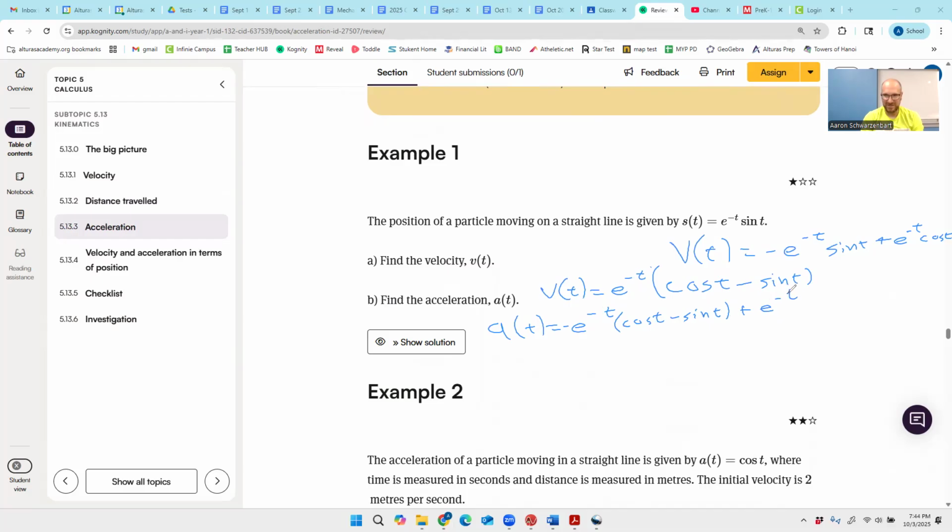e to the negative t, positive. Derivative of cosine is negative sine. Derivative of sine is cosine. So now I'm actually going to expand this out and see if anything cancels or can be combined.